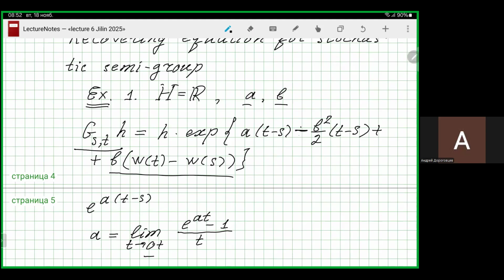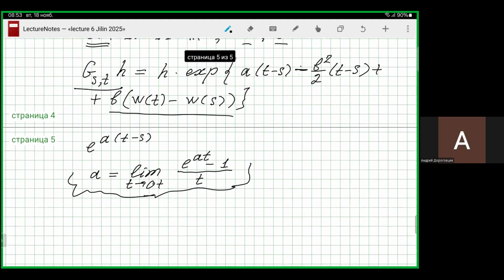So the procedure must be very different from this one. This is too easy to be generalized to the stochastic case. We have to find something new. And it can be done.